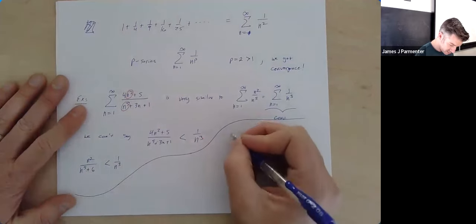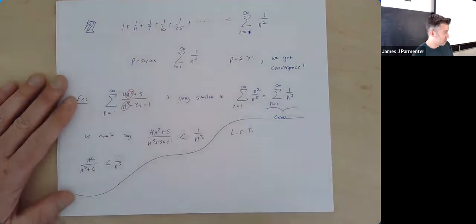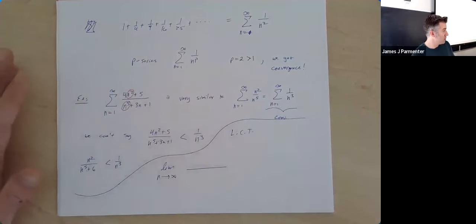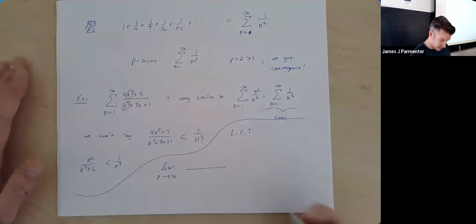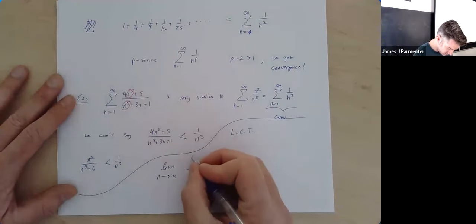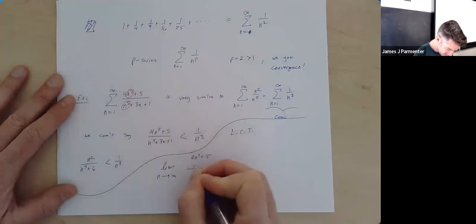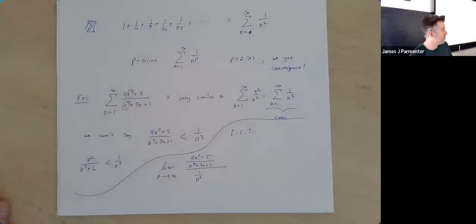is use the limit comparison test, which says you take the limit as n goes to infinity of the sequence for the unknown series on top, so the 4n squared plus 5 over n to the fifth plus 3n plus 1, divided by the known series sequence on the bottom.